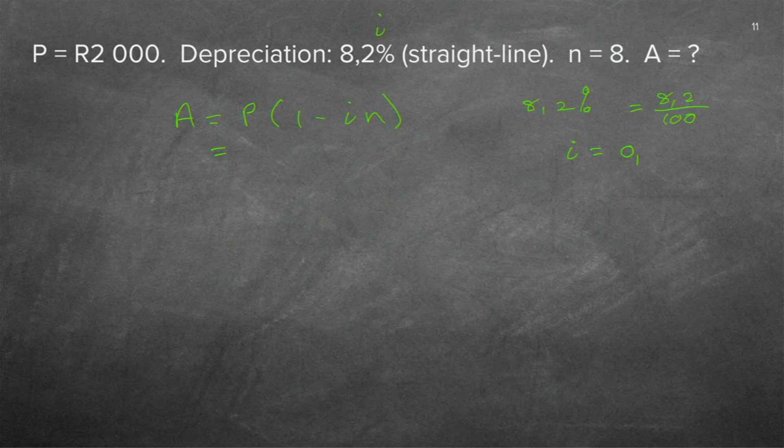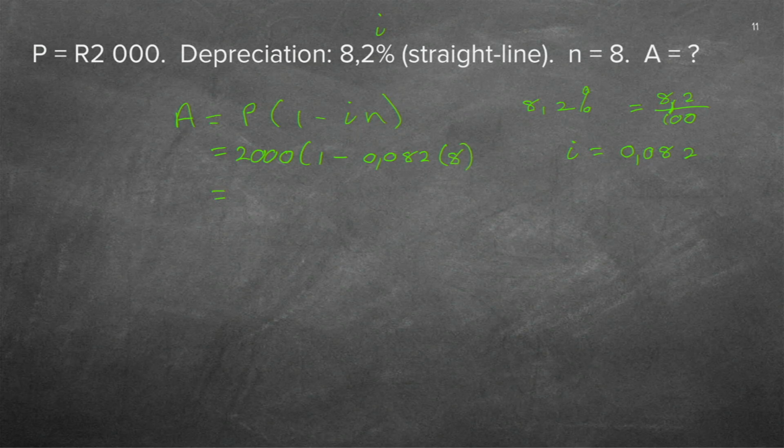There needs to be 2 decimals, 0.082. So you need to take that comma there and move it 2 decimals to the left if you want to do the decimal format of the i. So the P was 2,000, 1 minus the i was 0.082 and the N was 8.